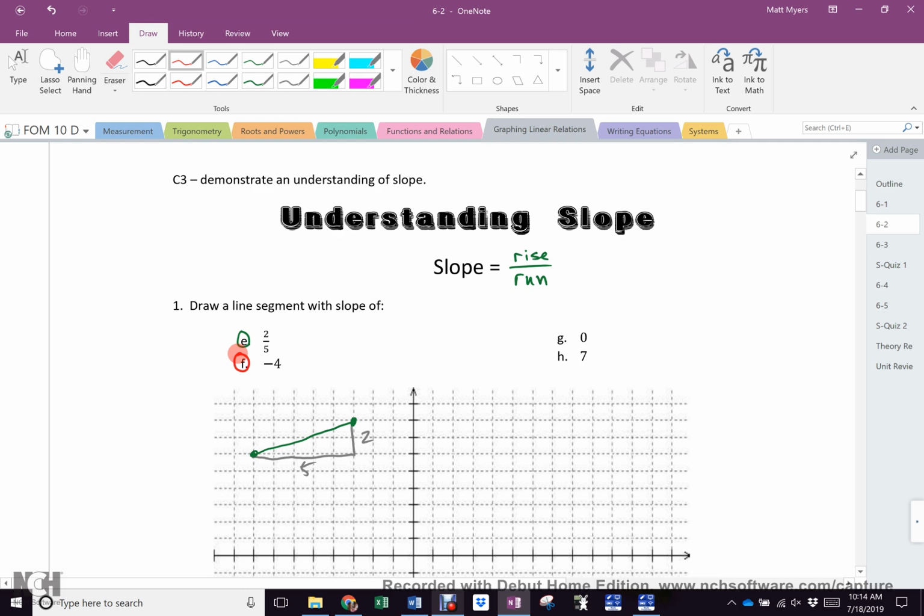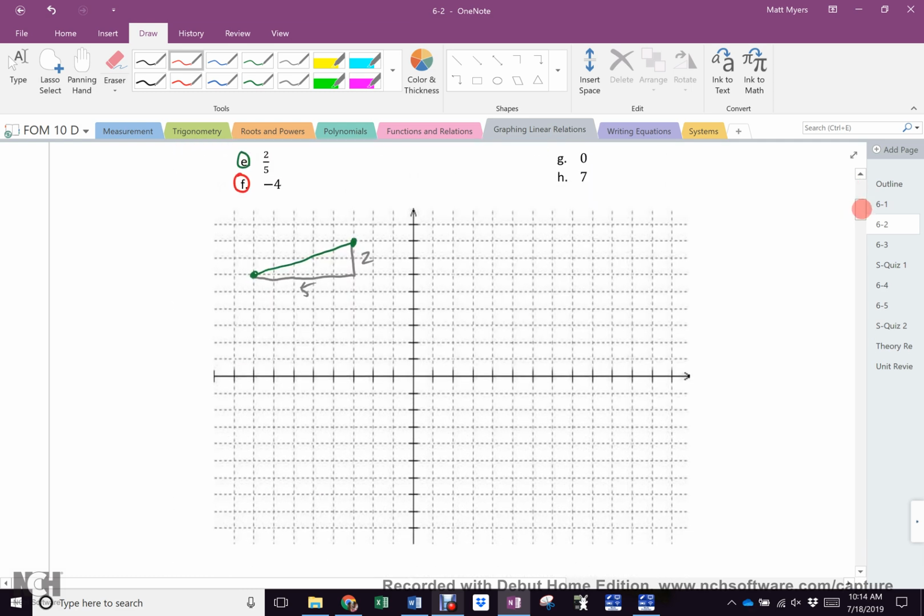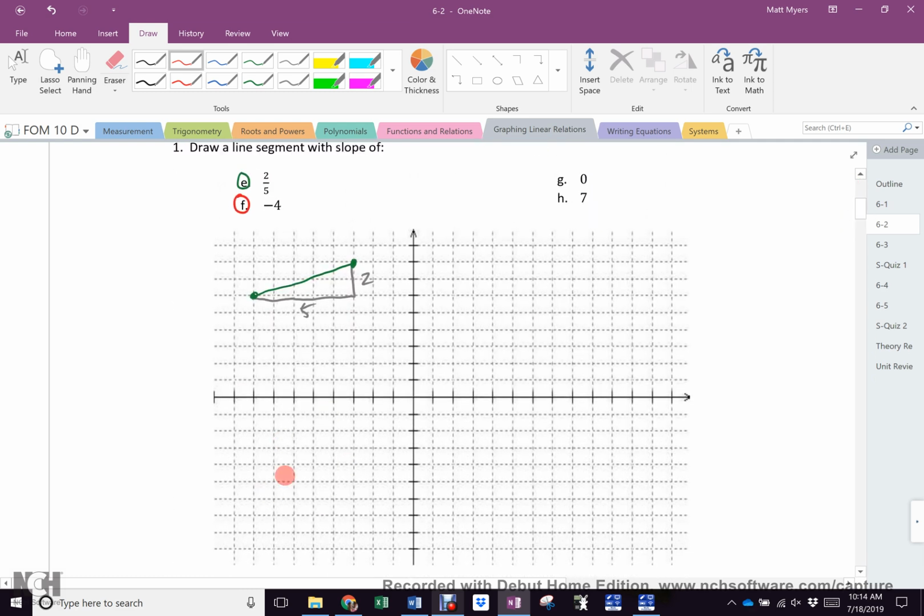In the quadrant right below it, right here, put a dot somewhere. I'm going to put mine there. Now I need a slope of -4, and I want to stay in this quadrant. Can I go down 4? I can't guarantee that that's right at the end, can I?